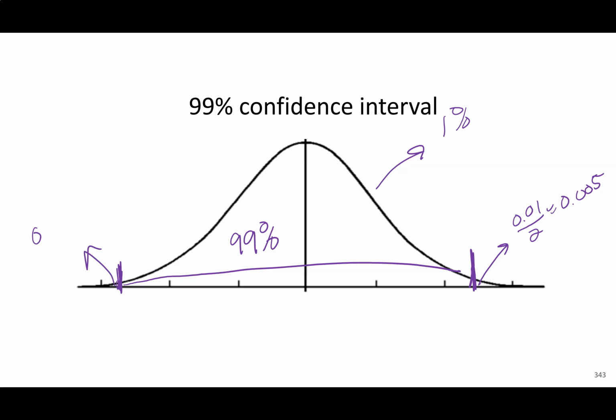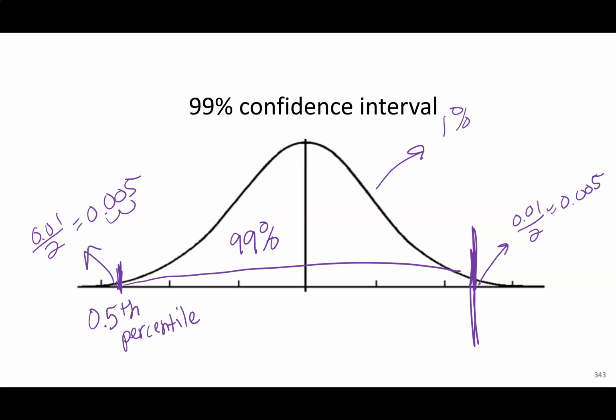Same over here, 0.005. If you move the decimal over 2 places, it's like the 0.5th percentile, or half of the 1st percentile. It's a little funkier. Versus over here, 99 plus this half percentile is the 99.5th percentile.